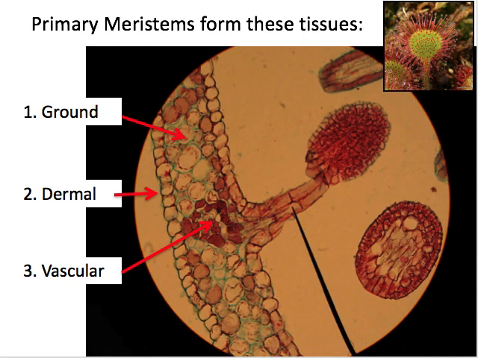We have the ground tissue, which is going to form the primary plant body. We have the dermal tissue, which is going to be the plant skin, and it includes amazing outgrowths like the sticky hairs that trap the insects. And finally, the vascular tissue, which transports water and dissolved substances through the plant.